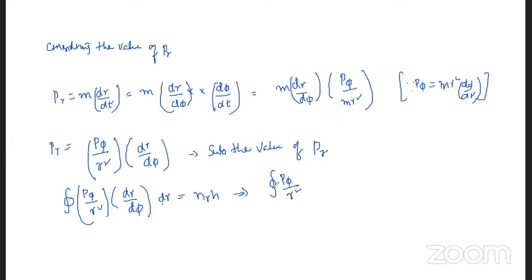Again, here we have P phi by r square, and we have dr by d phi. So we can write this as dr by d phi, and again we write this dr as dr by d phi into d phi.